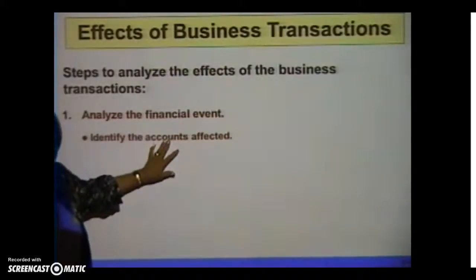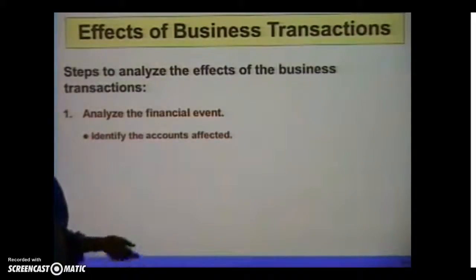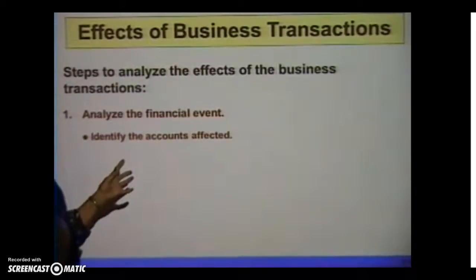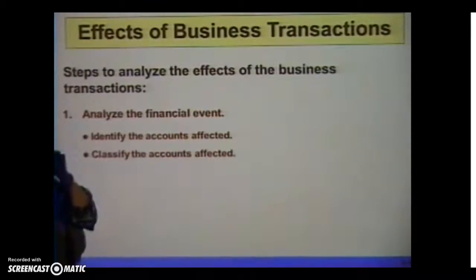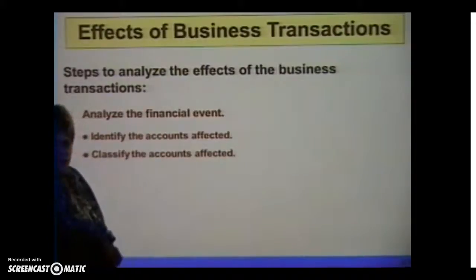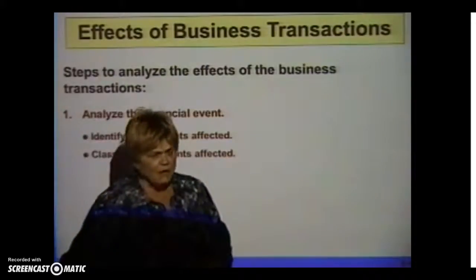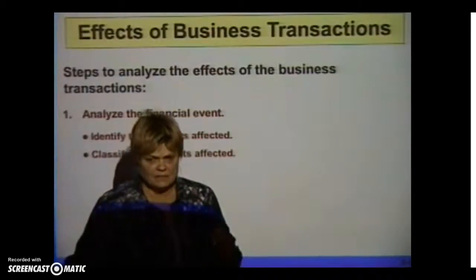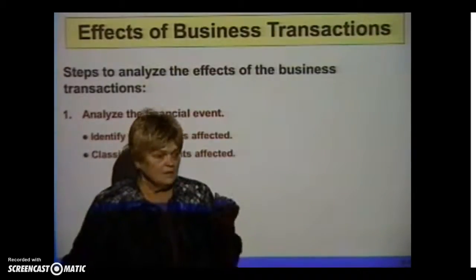So we look at each transaction and determine what happened in this transaction and what accounts were affected. And you might say, well, okay, the owner put some money in the business, so cash was affected and his owner's equity was affected, right?